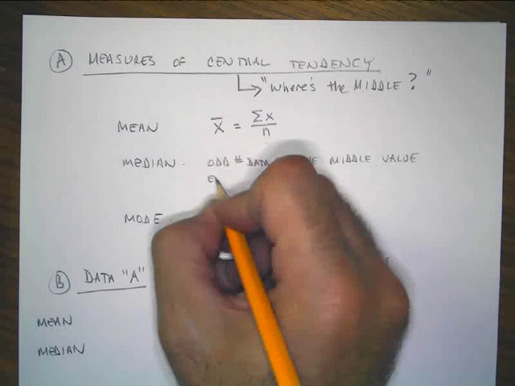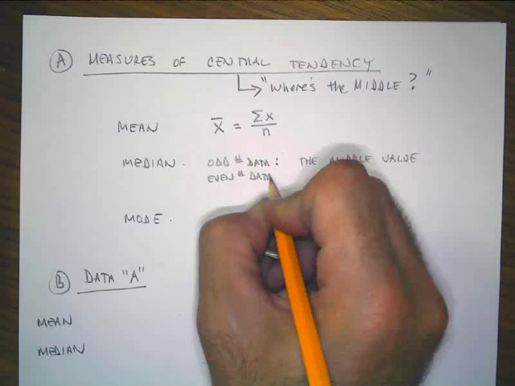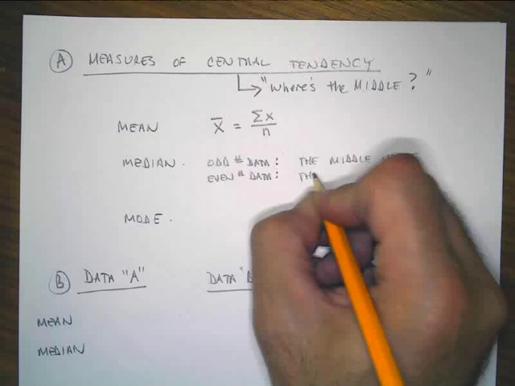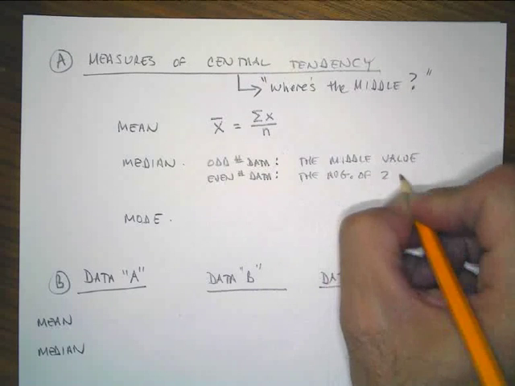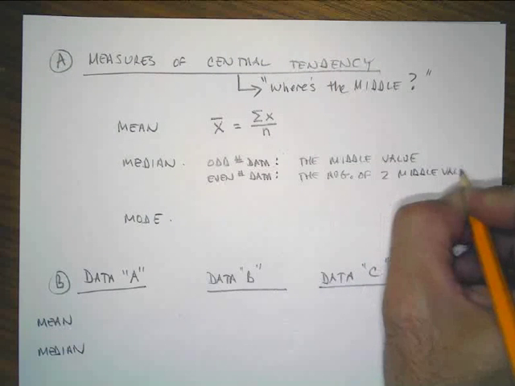If you have an even number of data points, then it's the average of the two middle values.